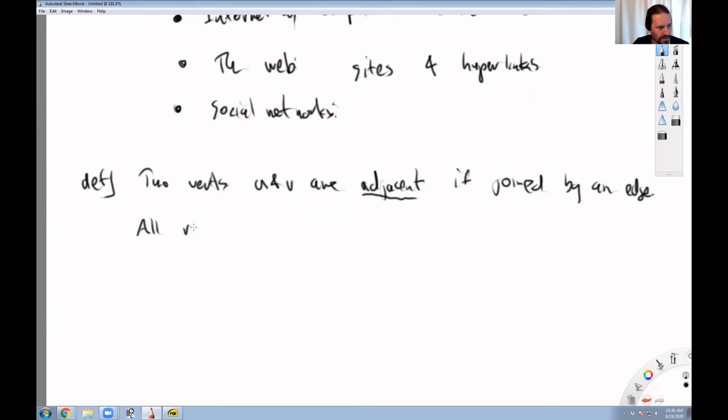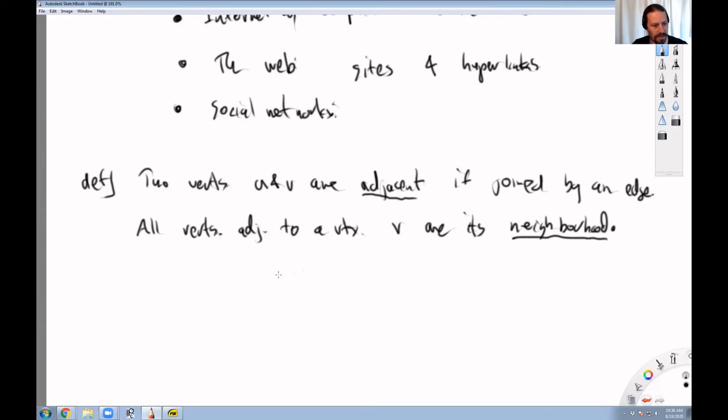All vertices adjacent to a vertex v are its what we call neighborhood.